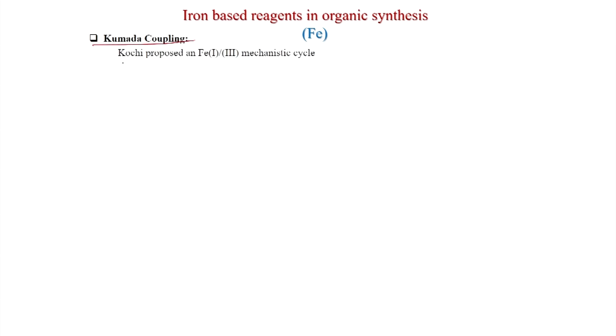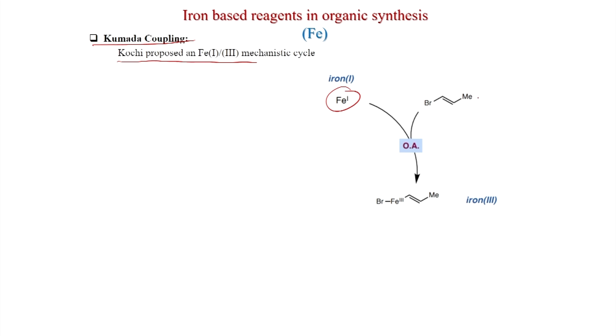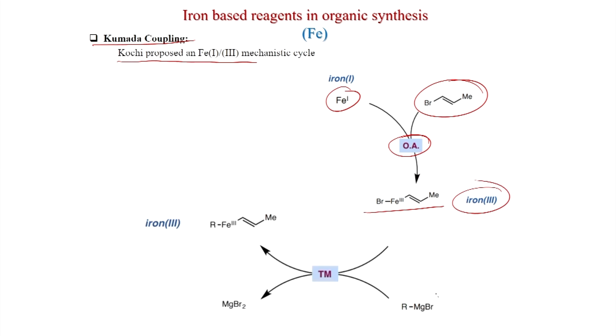Now, we will discuss the mechanism. So, Kochi proposed an iron 1, iron 3 mechanistic cycle. So, if you see the cycle, iron 1 is the active catalyst here, and with this alkenyl bromide oxidative addition happens like palladium. Here this iron will be 3 now after oxidative addition, and now this RMgBr will come, and so this is called the transmetallation, TM. So, the R group will coordinate with iron, and MgBr will react with this Br.